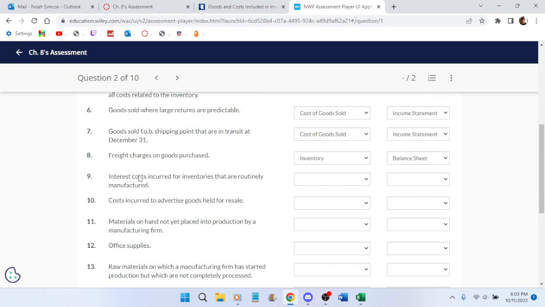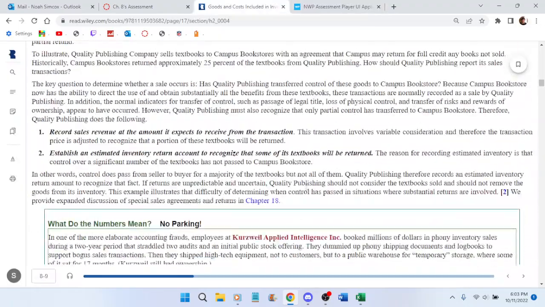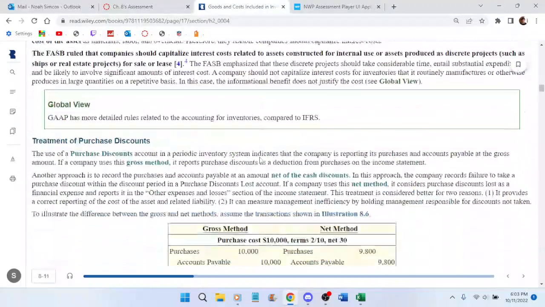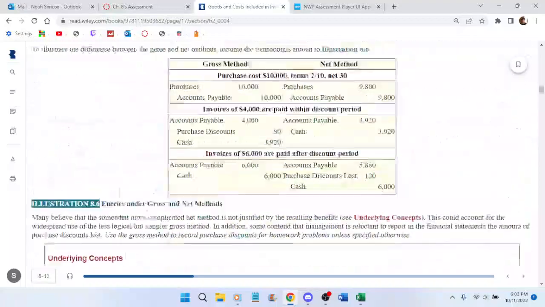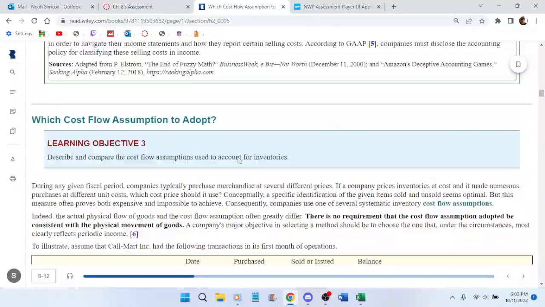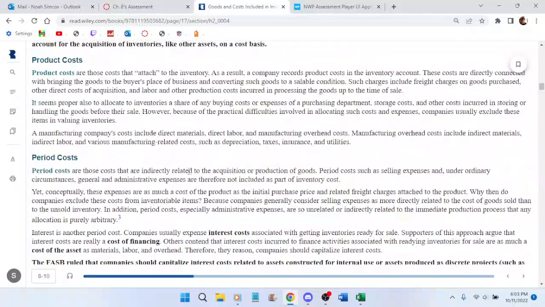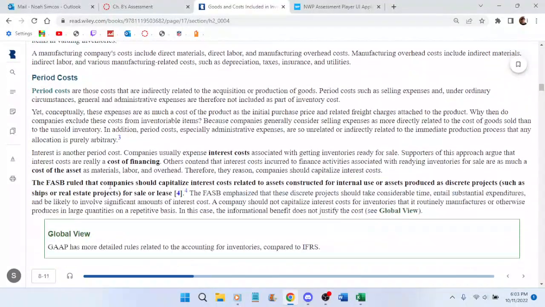Interest costs incurred for inventories that are routinely manufactured. I forgot what they said about that one. I guess I'll just look some of these up because they're right here. It's not that hard to look up. Of course I couldn't find interest. Interest costs.